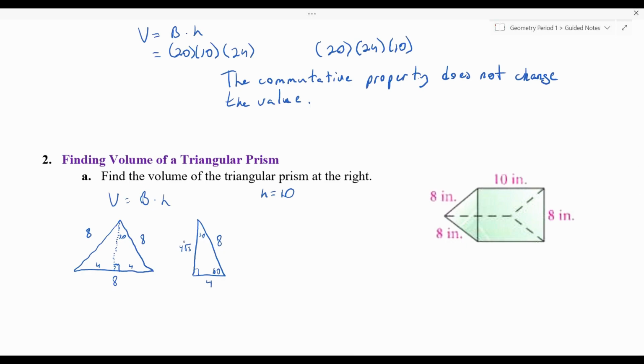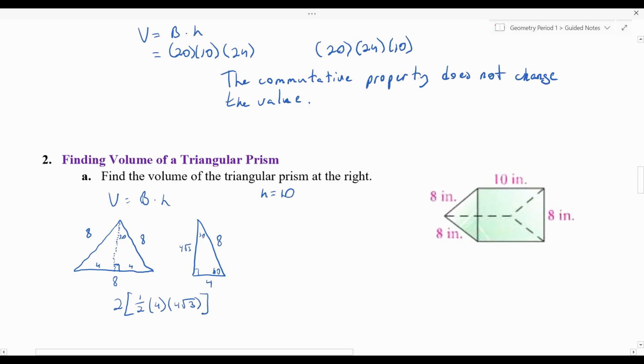So now we calculate the area of this triangle, knowing full well that this is just half of the big one. So whatever I get here, I need to multiply that by 2. So I have 2 times the formula for area of that triangle, which is 1/2 times the base, which is 4, times my height, which is 4 times the square root of 3.